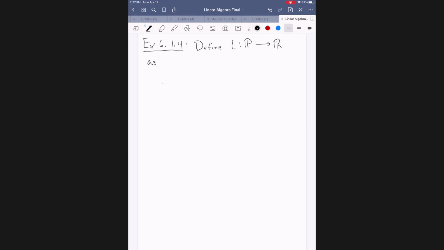So L of a polynomial p is defined as the integral from a to b of p of x dx. Okay. Show that L is a linear transformation.